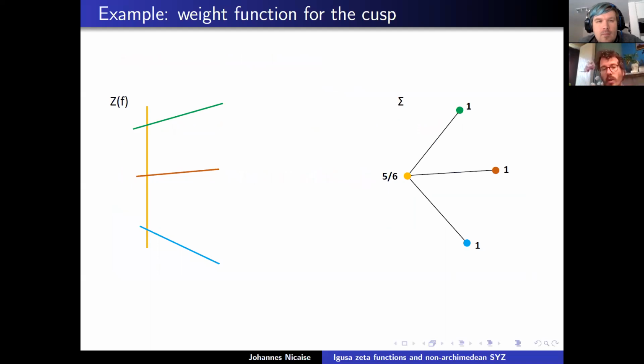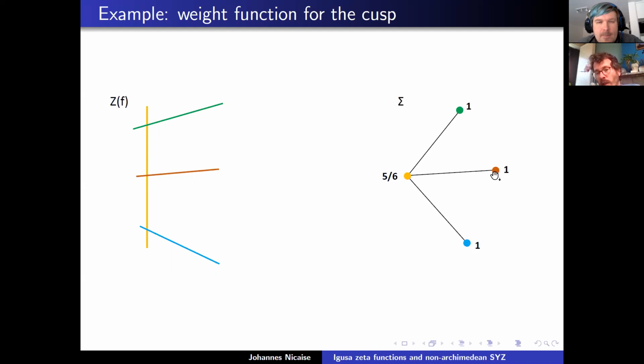Let me show you an example. We again take the weight function for the cusp. We've already computed the dual intersection complex on one of the previous slides. Now I've just decorated each of the vertices on the right with the value of the weight function at that vertex. We had numerical data 1, 1, 2, 2, 3, 3, so the fraction is always equal to 1 in that case.